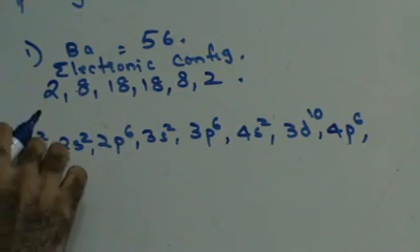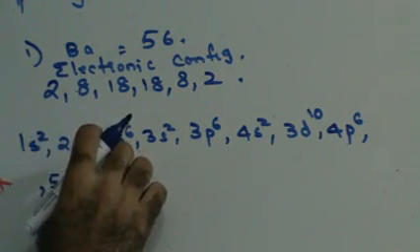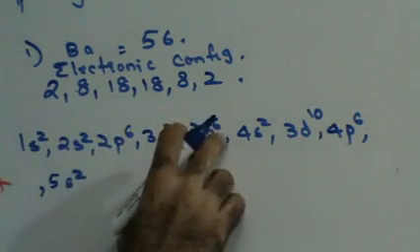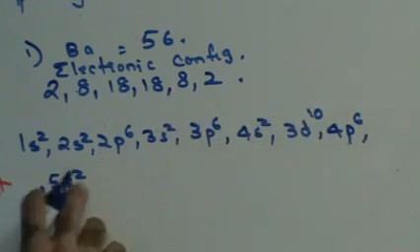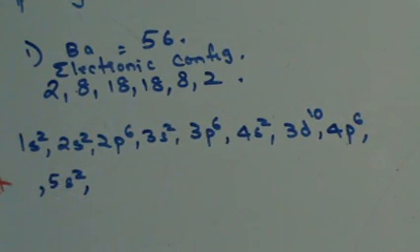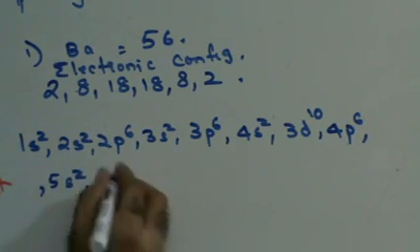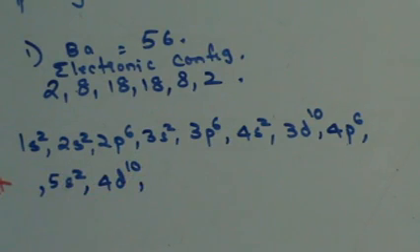Count the number of electrons. 2, 4 and 6, 8. 8 and 10, 12. 12 and 6, 18. 18, 20, 30, 36, 38 electrons you've already finished filling. Right? After 5s, you will have 4d. Right? 36 and 4d10. Right? Do we get this? So 36 and 10, 46 is gone.